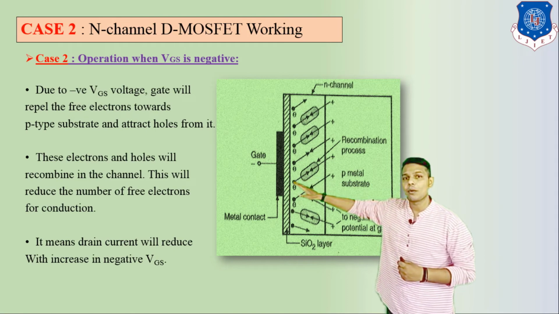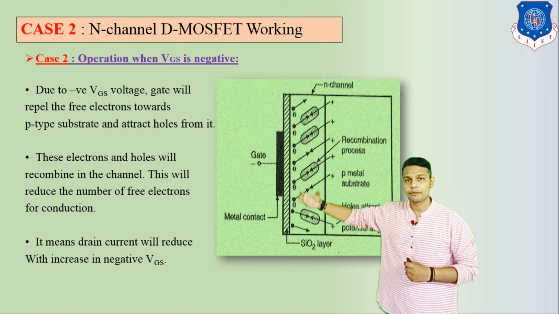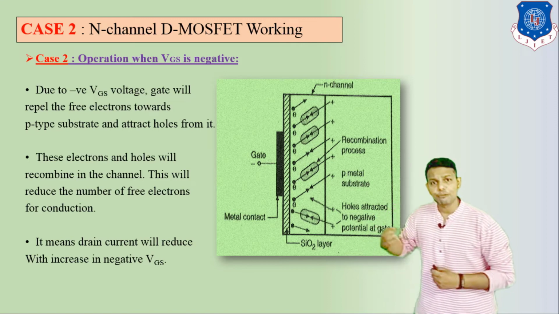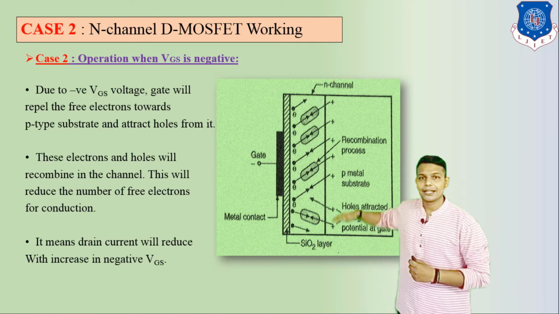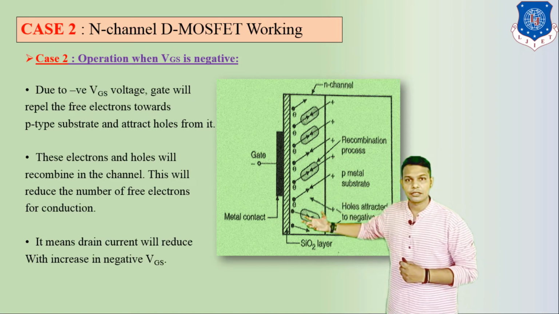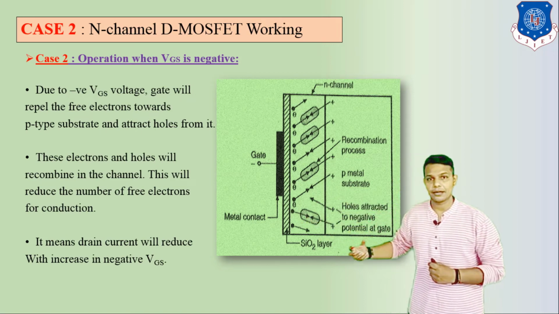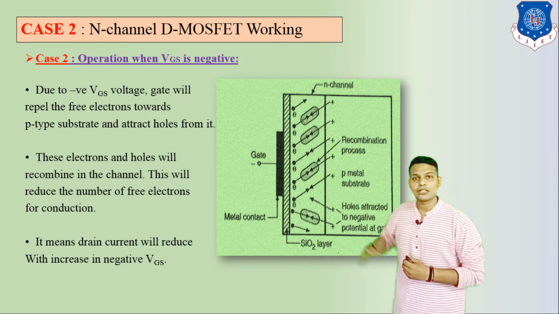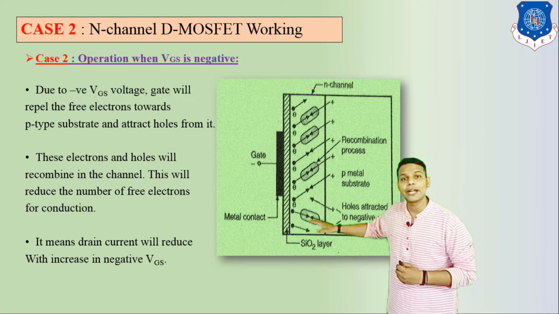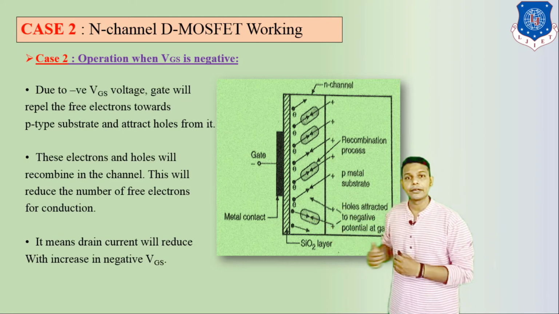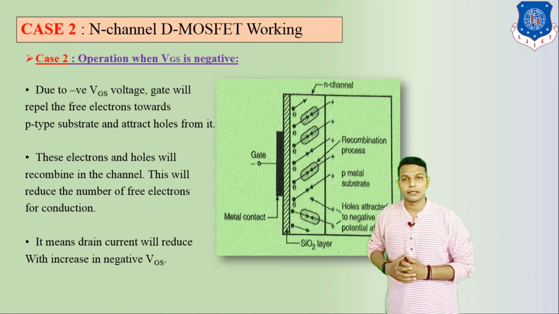That means we provide a negative supply, so first polarity should be minus. In this channel there are a number of electrons, the majority carrier charges. They are repelled, because the polarity is also negative. Due to same polarity, the electrons are repelled.